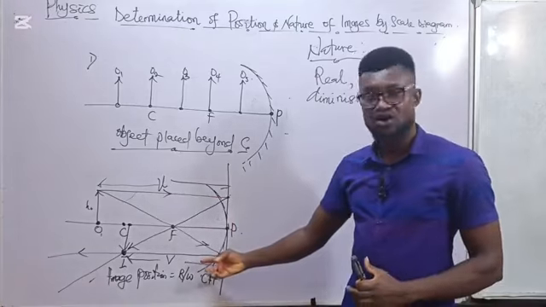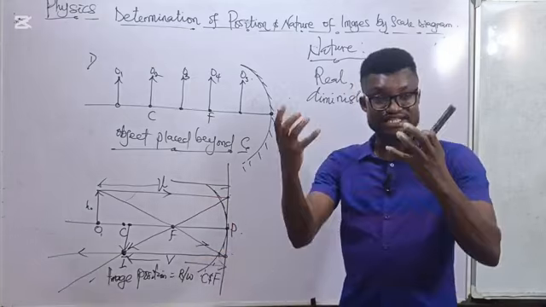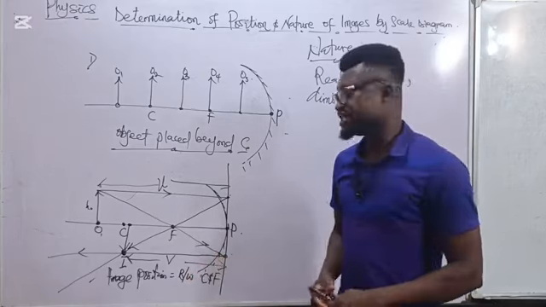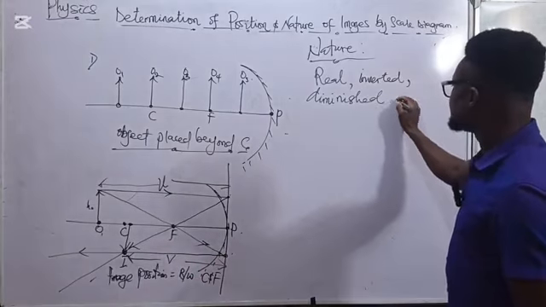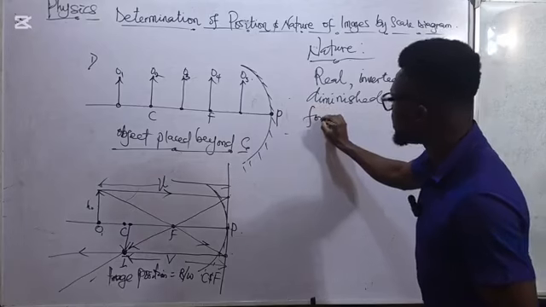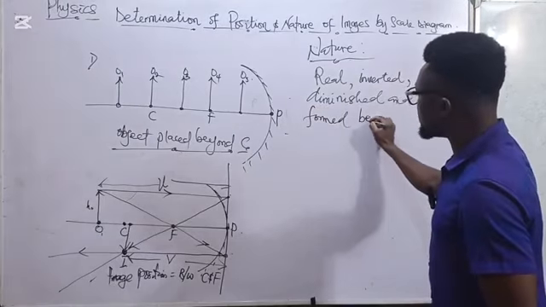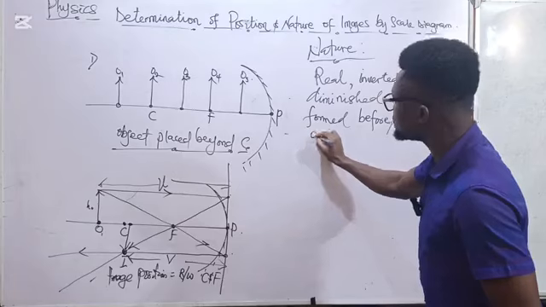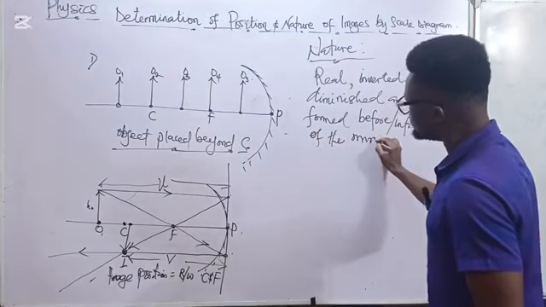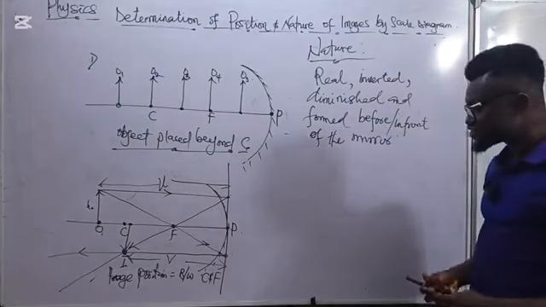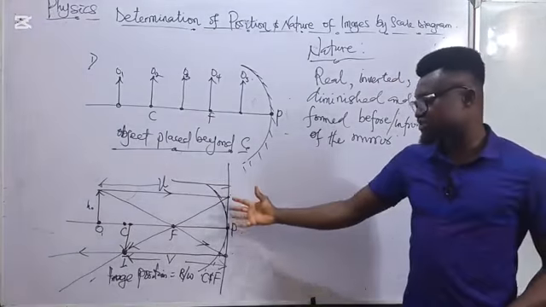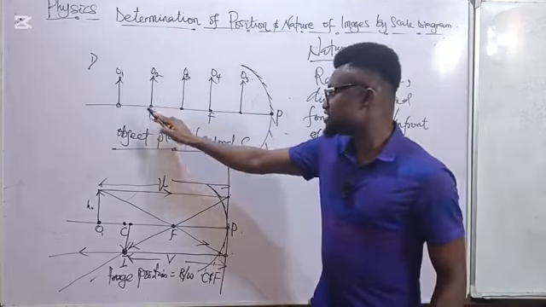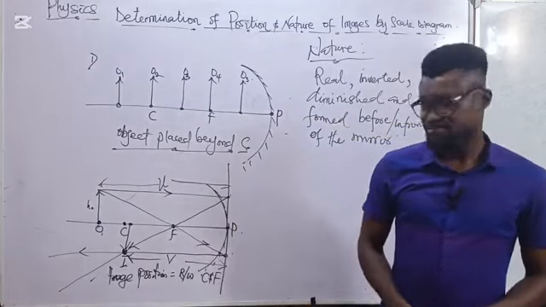If the size of the image were greater, we would say it is magnified, but in this case it is diminished. It is also formed in front of the mirror. So this becomes the nature of the image, while the position of the image is between C and F. Now we are going to look into the object placed at C.